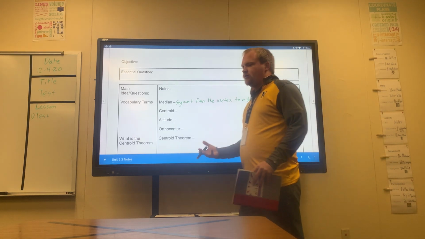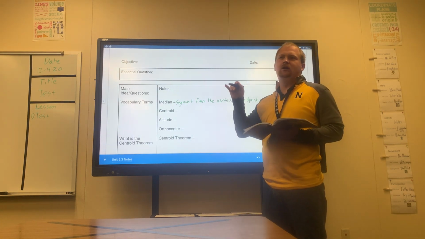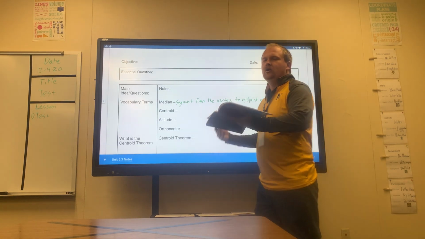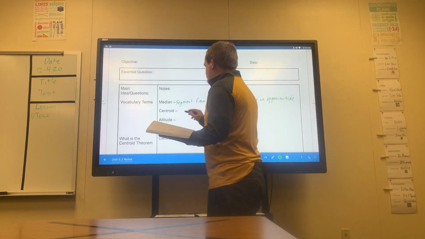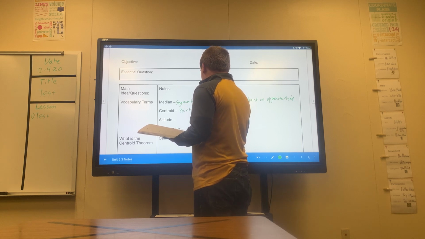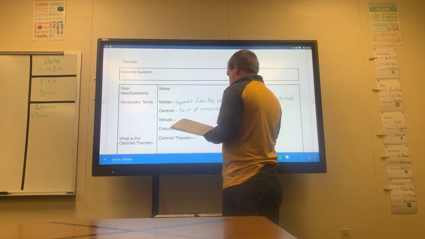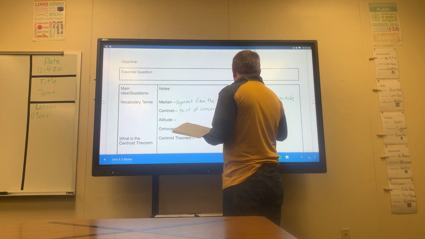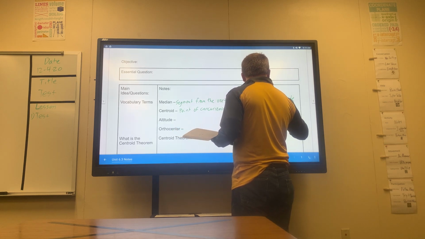Now, when we have medians from all three vertices, we create what we call a centroid. It is a point of concurrency when the medians intersect.